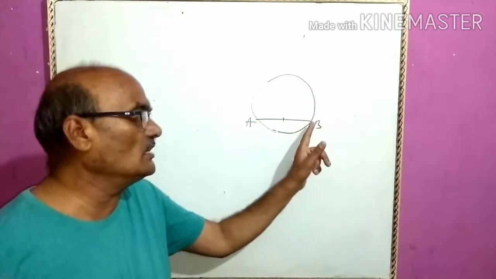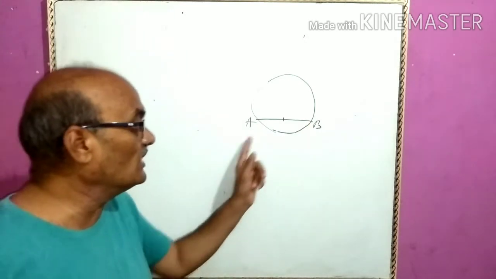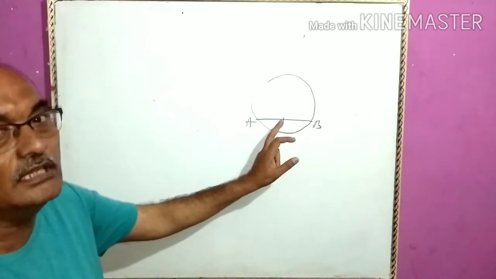Here A and B are points lying on the circle, and the line segment AB joins A and B. So AB is called a chord of the circle.